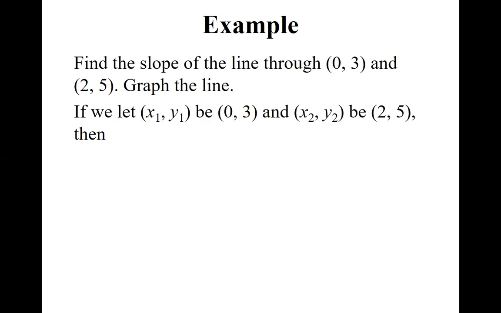And if x1, y1 is 0, 3, and x2, y2 is 2, 5, then y2 minus y1 would be 5 minus 3. x2 minus x1 would be 2 minus 0. That gives us 2 over 2, which is 1. We get a slope of positive 1.